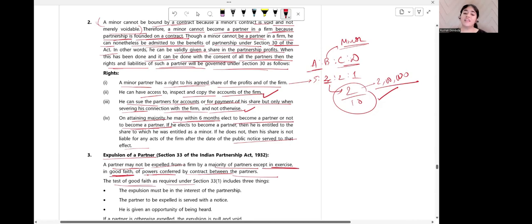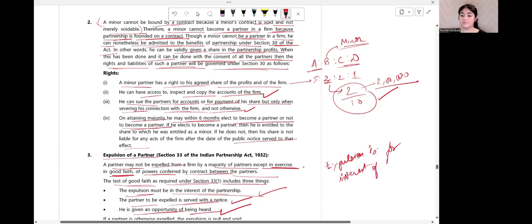The test of good faith as required under section 33(1) includes three things. Expulsion must be in the interest of partnership. You are doing this for the benefit of the partnership. The partner to be expelled is served a notice and a reasonable opportunity of being heard. Now, three things you have to remember. Expulsion is for the interest of the partnership or benefit of the partnership firm.